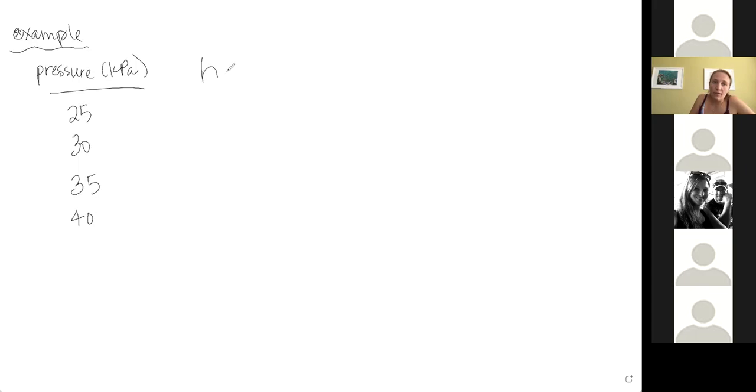And then we have saturated water enthalpy, H sub F. And these values are going to be 104.83. So this is what it's going to look like in a table if you're just isolating pressure and this enthalpy term for saturated water.